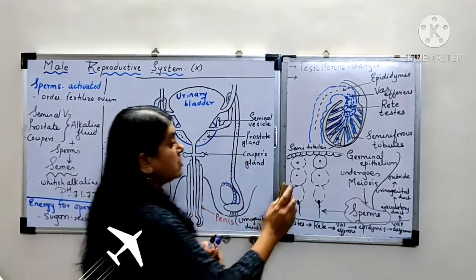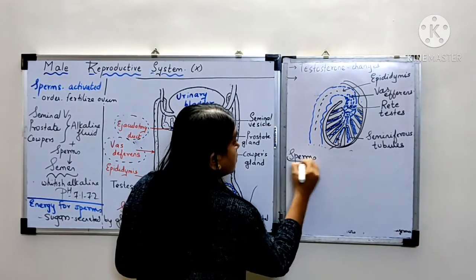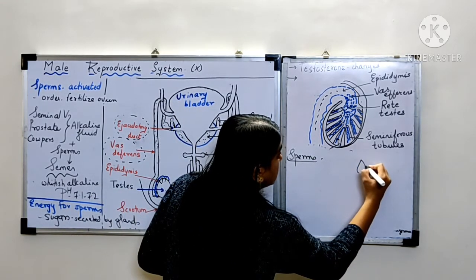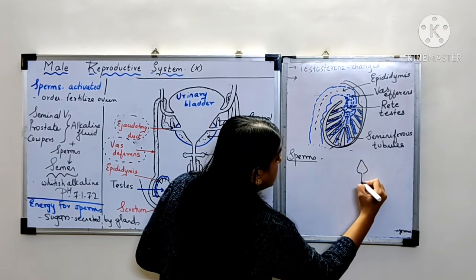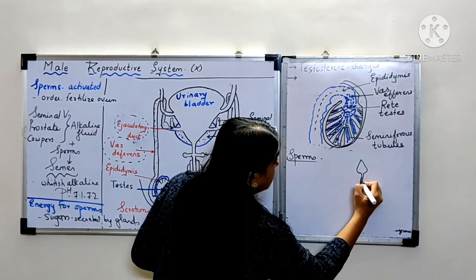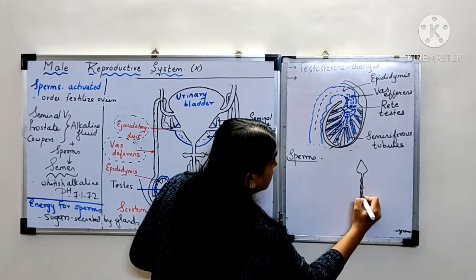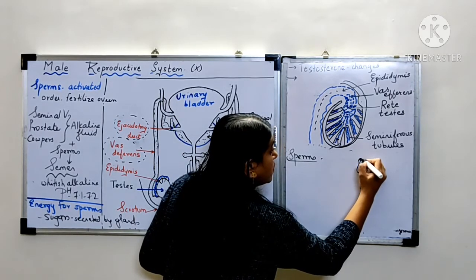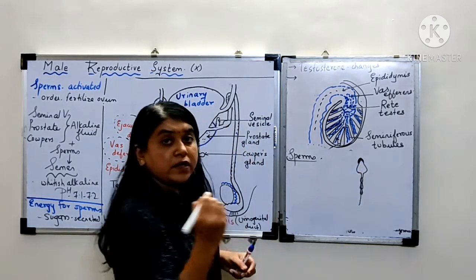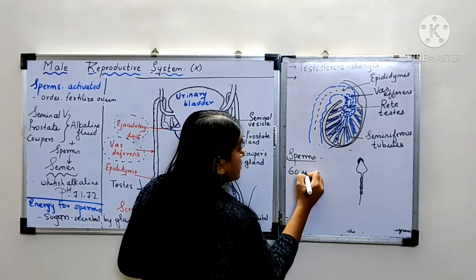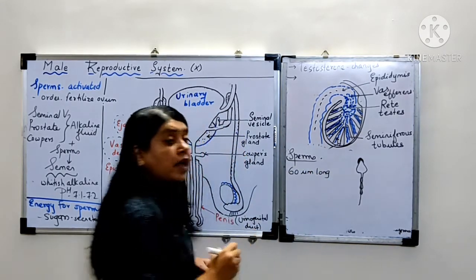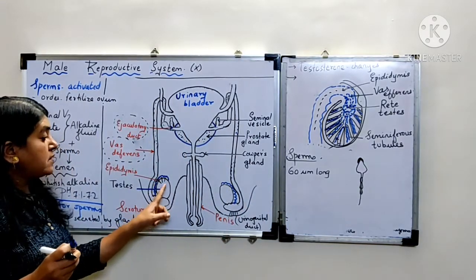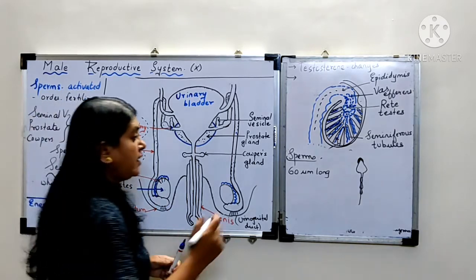So let me just erase this part. Sperms have a head and a tail. The sperms are about 60 micrometers long, and the epididymis is about 6 meters in length.